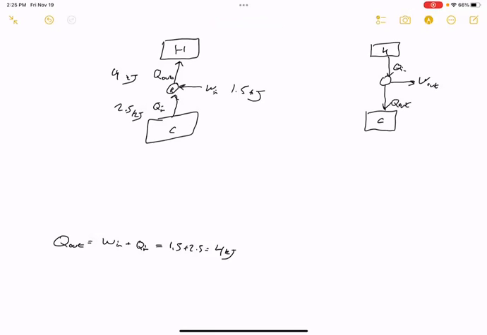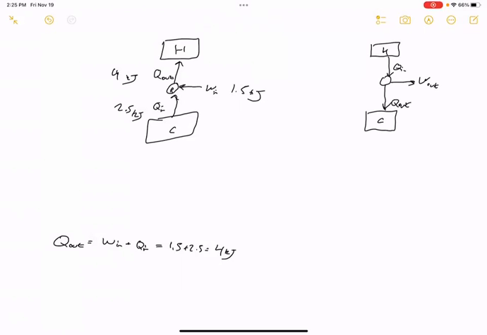If you look at the directions of the Q in, Q out, work in, and work out, relative to the hot or cold reservoir, it's the exact reverse of the refrigerator. And this makes perfect sense, because one is doing the opposite of the other. If a heat engine is made to produce work based on a temperature difference, a refrigerator uses work to create a temperature difference. So it makes sense that they work in the exact opposite way.